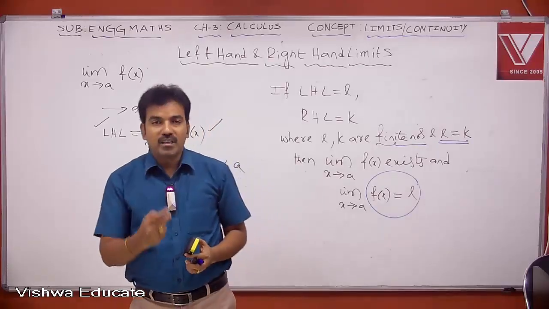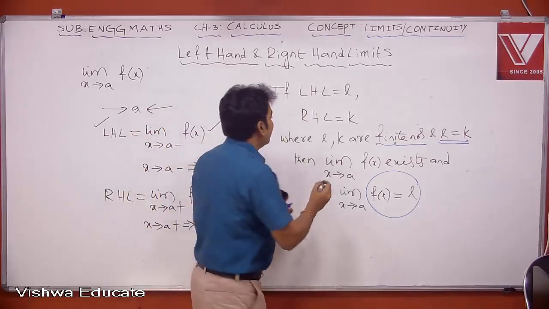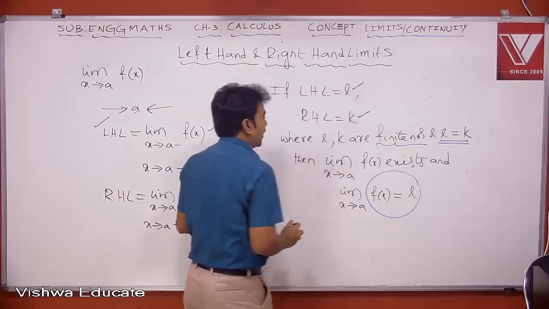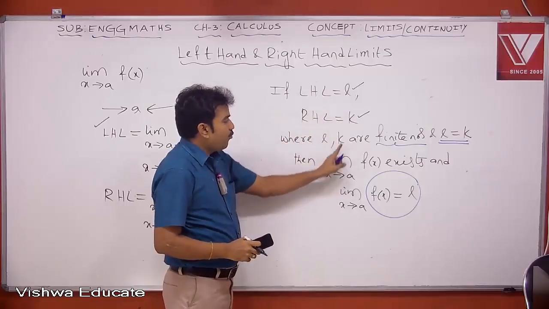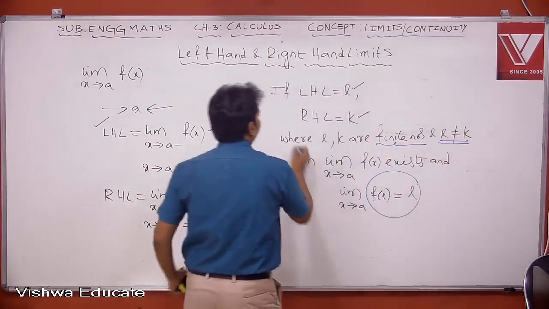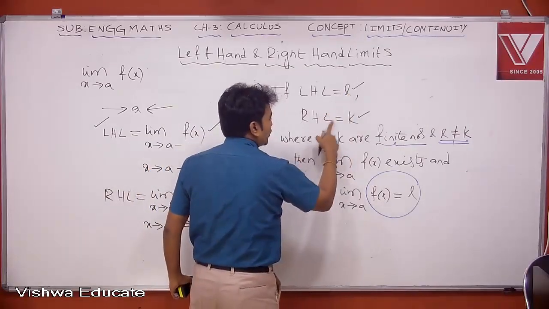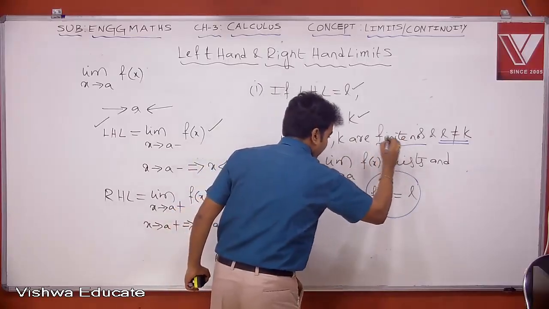Now we discuss two important cases where the limit is not possible. See here, LHL value is L, RHL value is K. Suppose LHL is L, RHL is K, where L comma K are finite numbers and L is not equal to K. So this is one possible case. LHL value L, RHL value K, both are finite numbers. No issues till this moment.